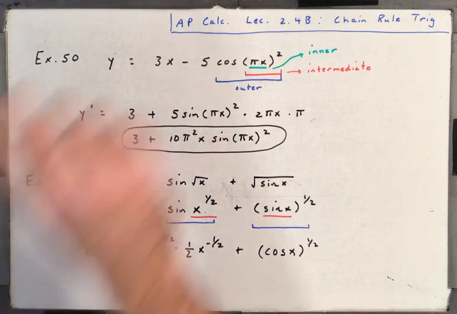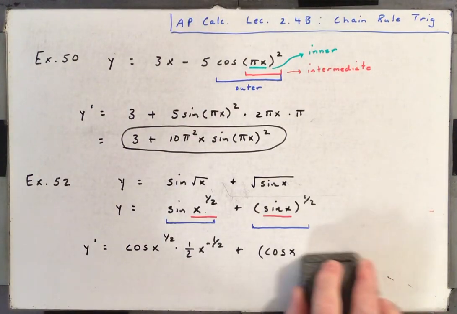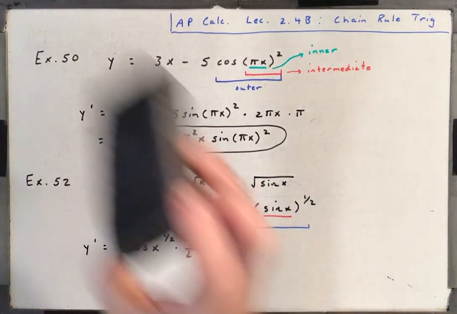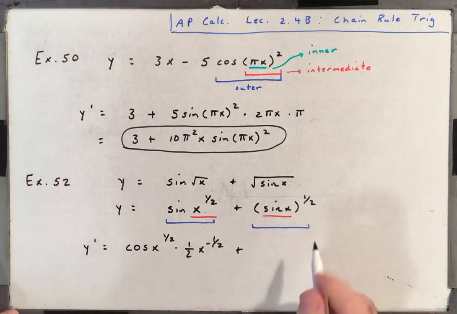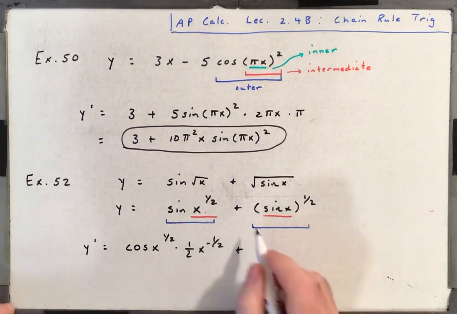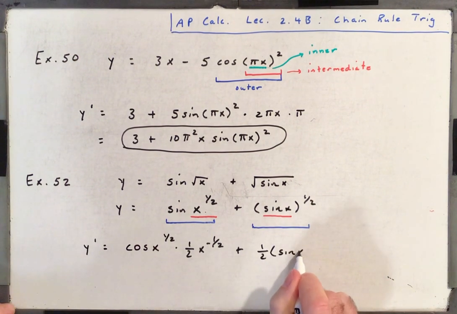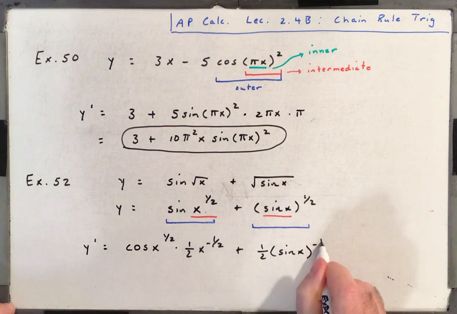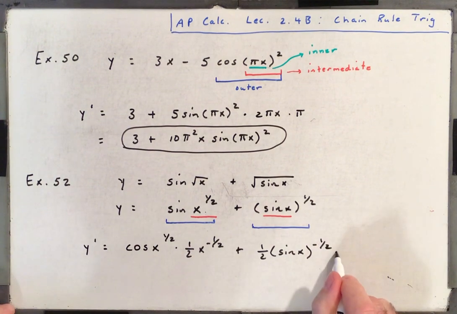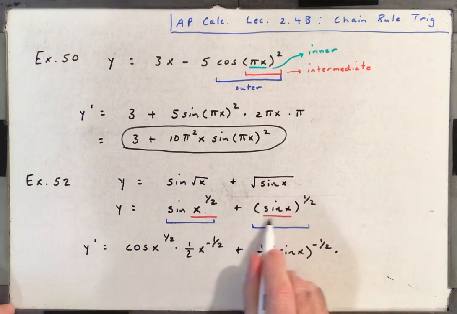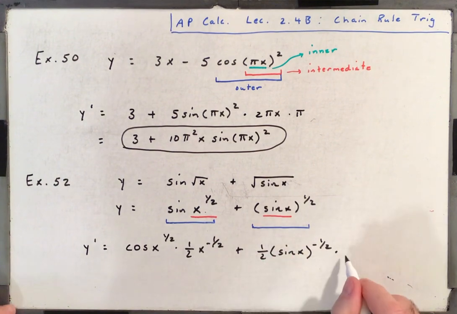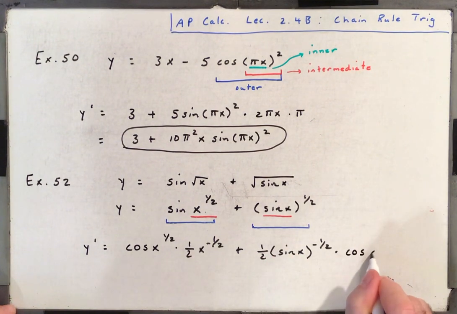Oh, wait a second. Hold on. I'm sorry. Got ahead of myself. That would be bring the 1/2 out front. Let's do the whole thing in blue. 1/2 times sine x to the minus 1/2 times the derivative of what's in red, which would be cosine x.